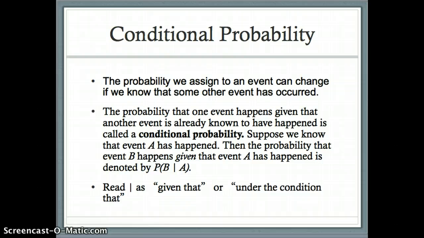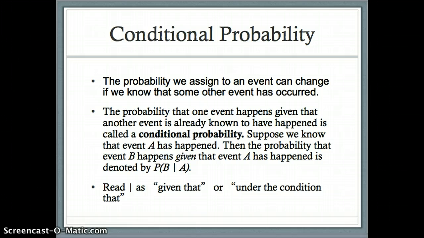So, conditional probability. The probability that we assign to an event can change if we know that some event has already occurred. The probability that one event happens given that another event is already known to have happened is called a conditional probability.